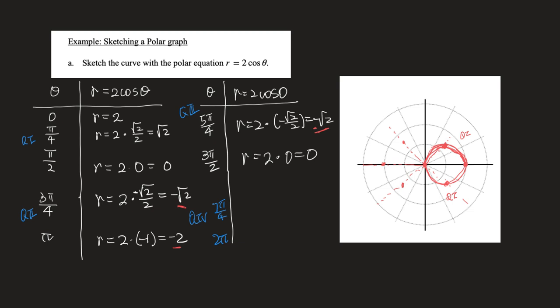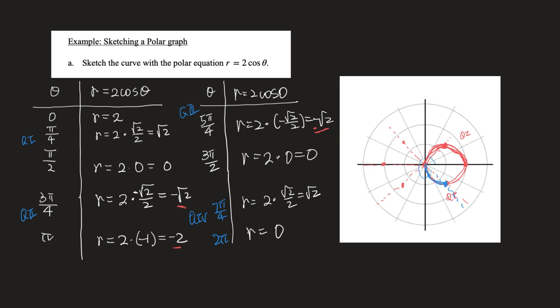Okay? For 7 pi over 4, r is 2 times square root 2 over 2, that's square root 2. For 2 pi, cosine 2 pi is 1, so r is 2 again. In quadrant 4, r is square root 2 and the angle is 7 pi over 4, right here. Square root 2 is right here.